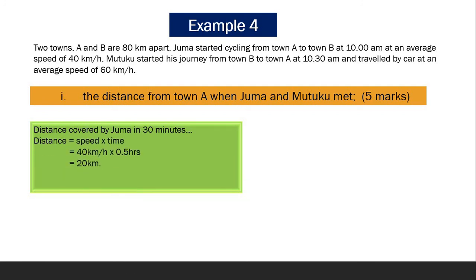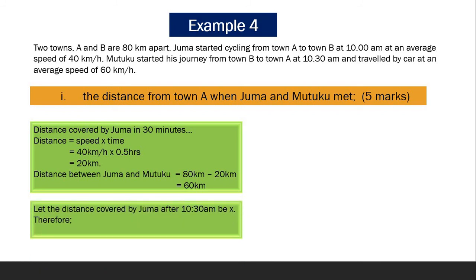Distance covered equals 40 kilometers per hour times 0.5 hours. That gives us 20 kilometers. Now, the distance between Juma and Mutuku at 10:30 a.m. is 80 kilometers minus 20 kilometers. That gives us 60 kilometers.